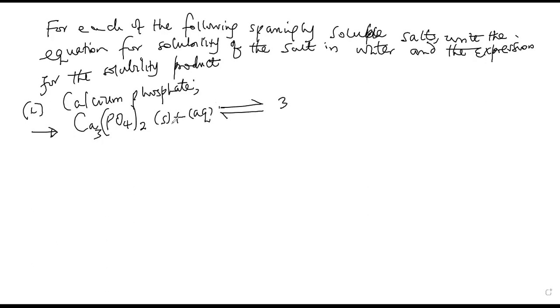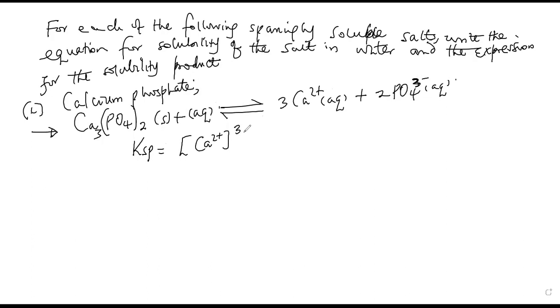So we shall have 3 calcium ions and 2 phosphate ions, 3 minus, not 2, because the valence is 3. So when you're writing the expression of KSP, it is the concentration of calcium ion raised to the power 3 times the concentration of phosphate ion raised to the power 2.